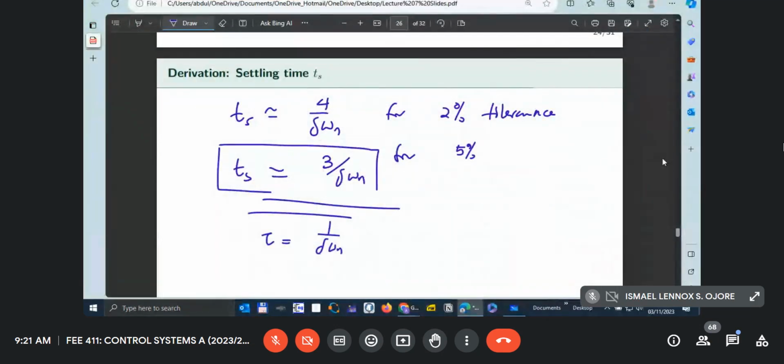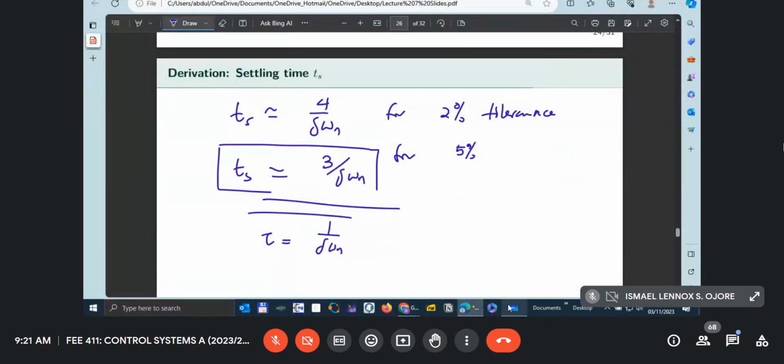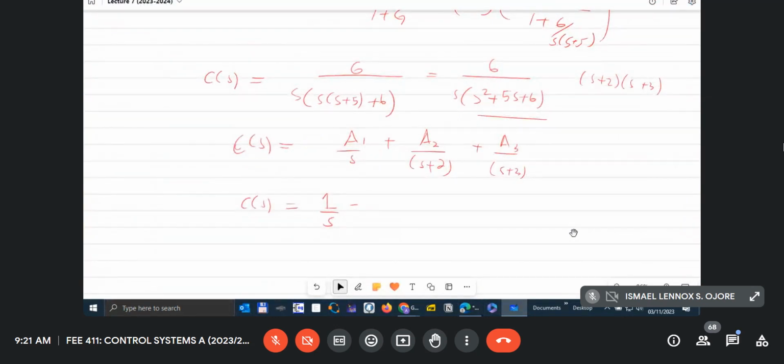Okay, -3. So taking the inverse of that, we have 1 minus 3e to the power of -2t plus 2e to the power of -3t, like that.